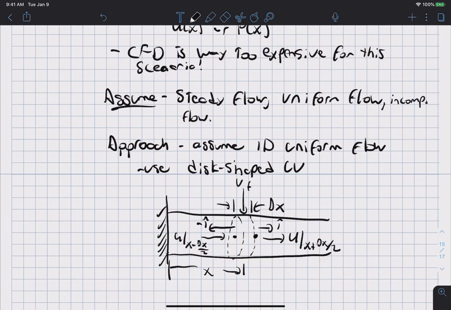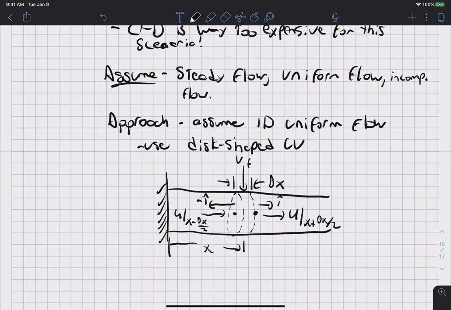Now on this disk-shaped control volume, we apply conservation of mass and momentum, and possibly energy if you need it, just like we always have.